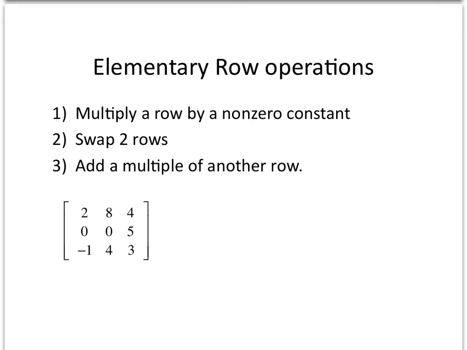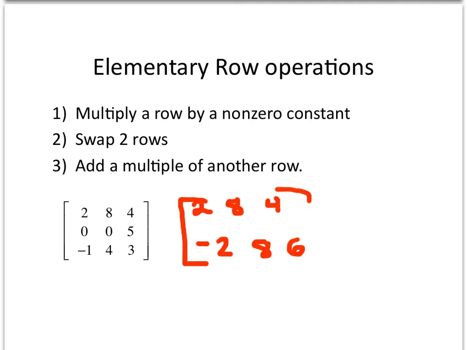For example, I could take my last row and multiply it by 2. So I could rewrite it as -2, 8, and 6. We're going to use this a lot. And my other rows, I do not have to multiply, so those would stay constant the way they are. So that's our first elementary row operation.